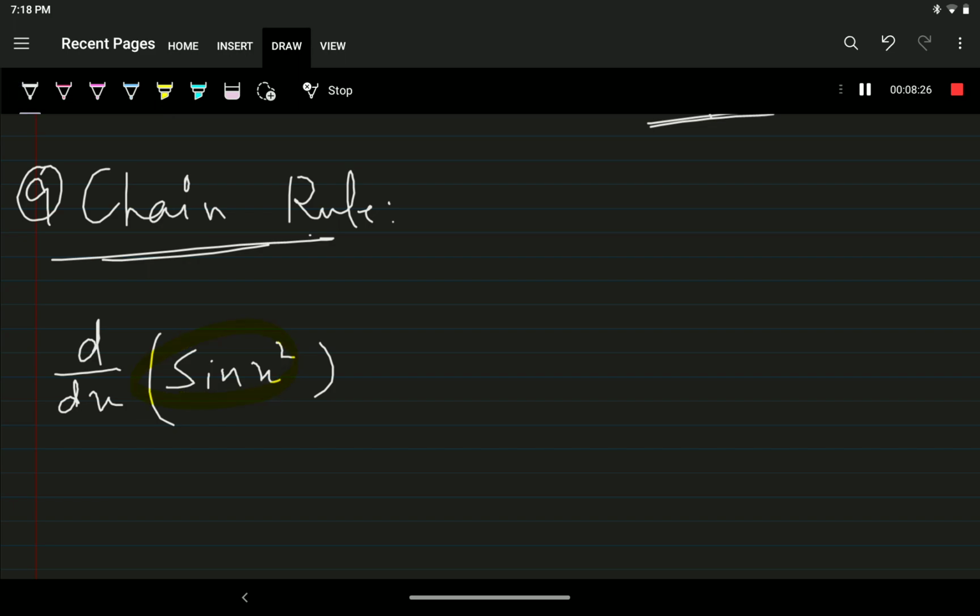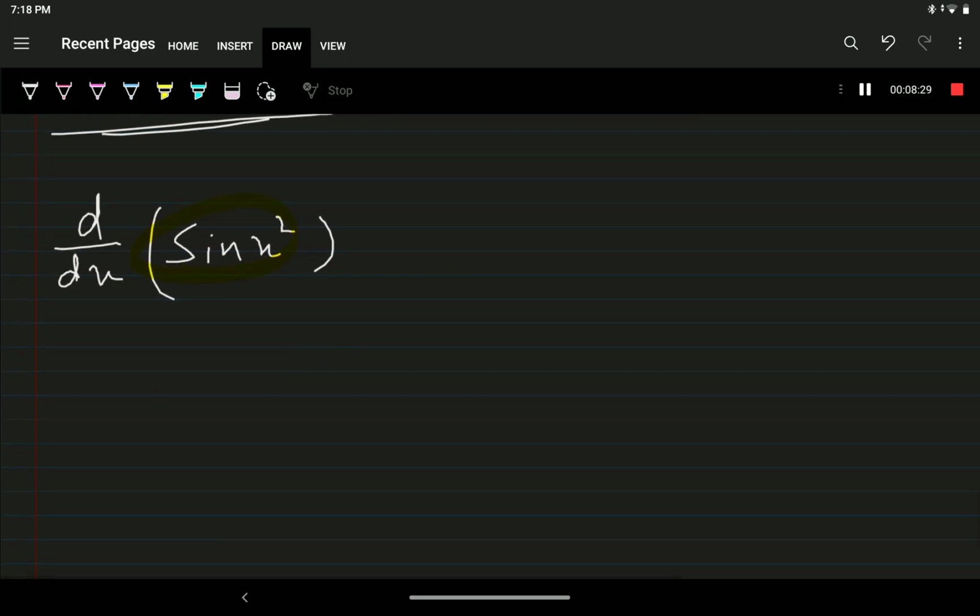So what we will do is we will consider this term as some t, or we consider it as a different function. Like suppose here we say f(x) is sin x, and you can say g(x) is x squared.